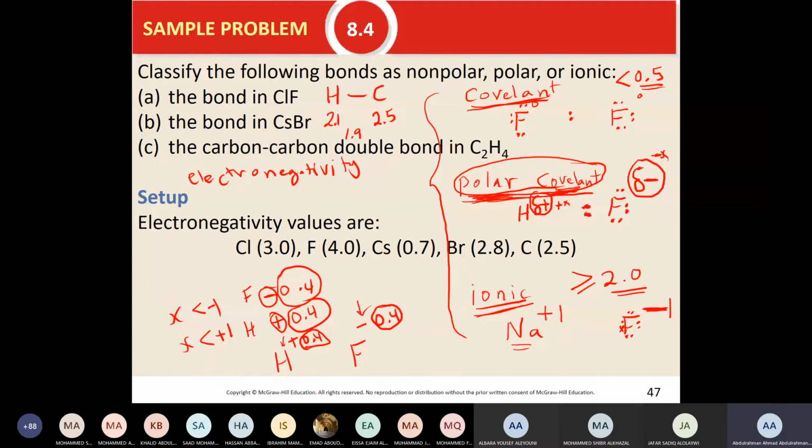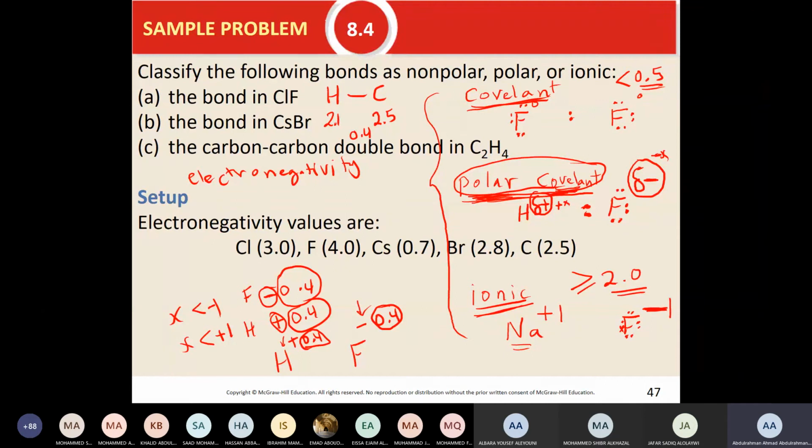What's the difference? 0.4. Is this an ionic bond? No, it's covalent. Is it polar covalent? It is only covalent. Good.